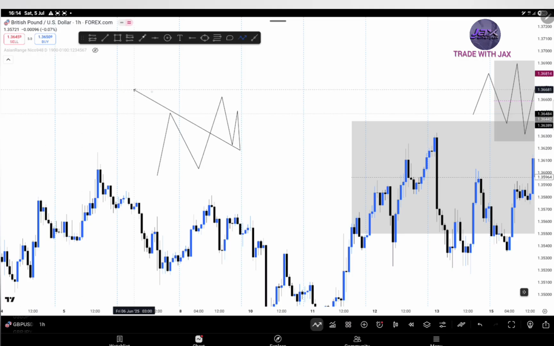If it tapped into a key level for reversal, that's when you could take a continuation entry. If not, it will definitely liquidate you. Just a trap to definitely liquidate you.